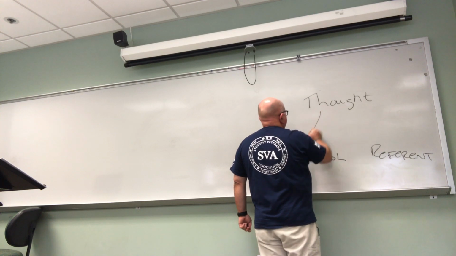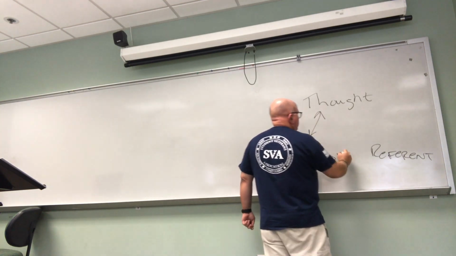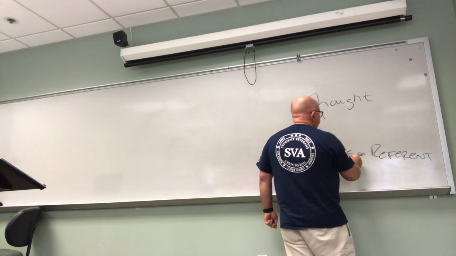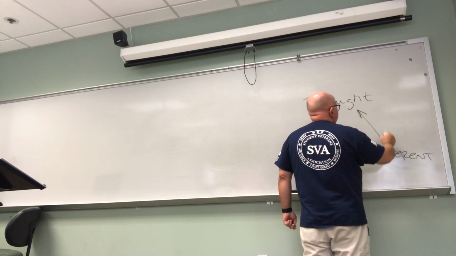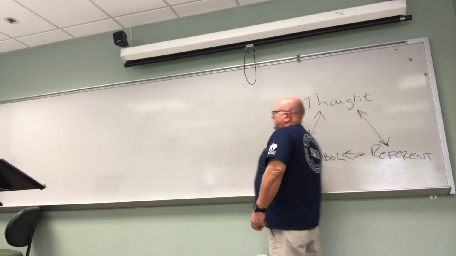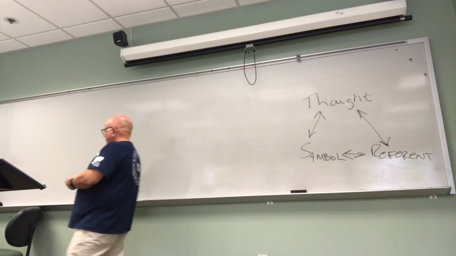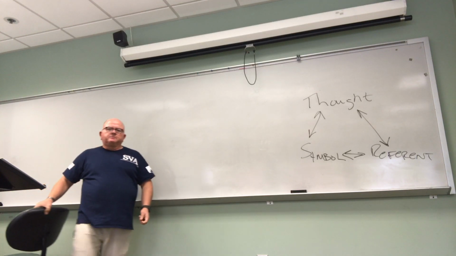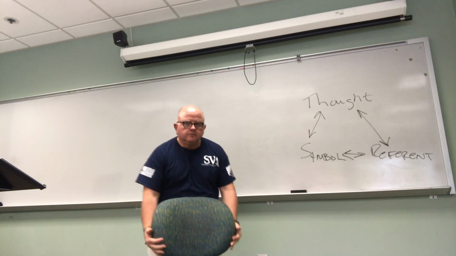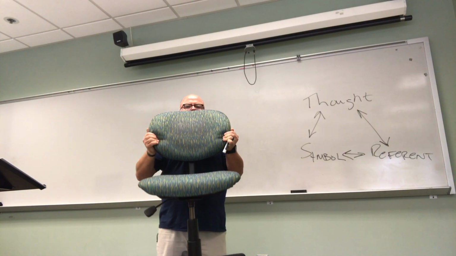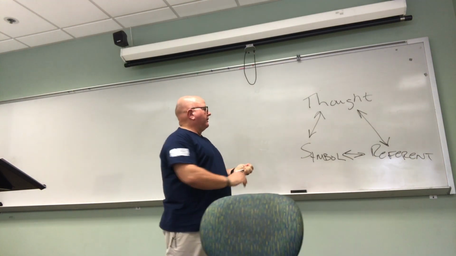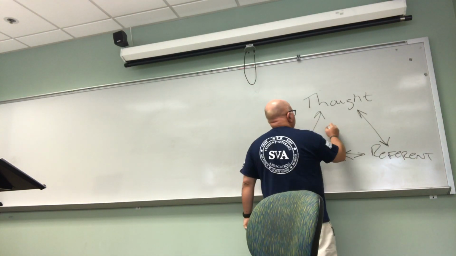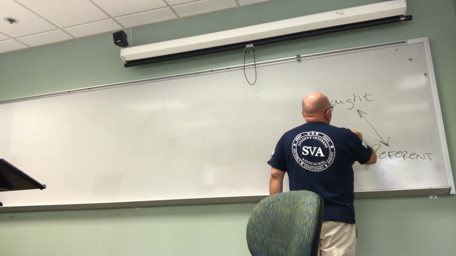And each of these things are interdependent yet independent. So let's say displaced in time and space. Pick this up so you can see what it is. It's a chair.